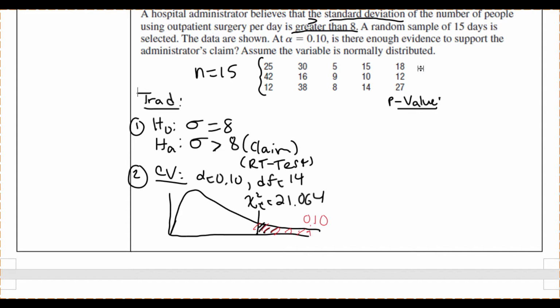We know what the sigma squared is, because we know that sigma is 8. So that means that sigma squared is 64. But we need to find out what s squared is from the data here. So we're going to plug this into the calculator in order to get the s squared, and then plug it into the formula for the test value.